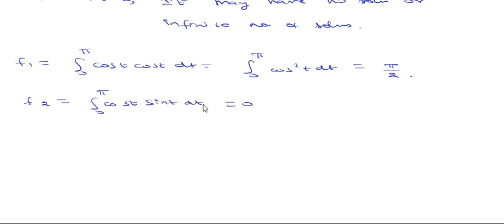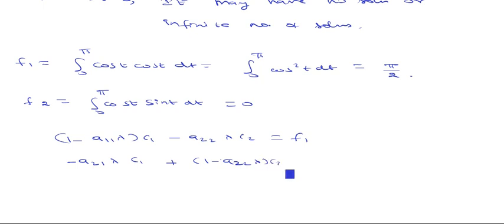So therefore you can write the two equations. 1 minus a11 lambda into c1 minus a12 lambda into c2 equal to f1, and minus a21 lambda into c1 plus 1 minus a22 lambda into c2 equal to f2.